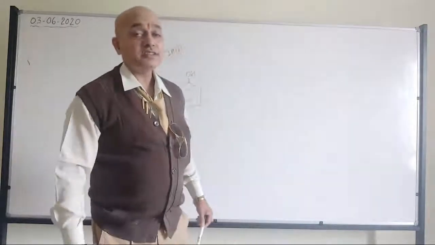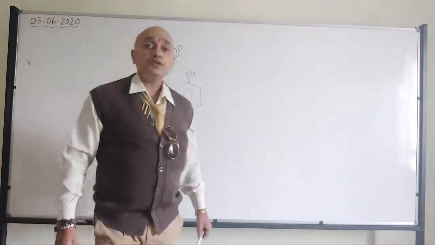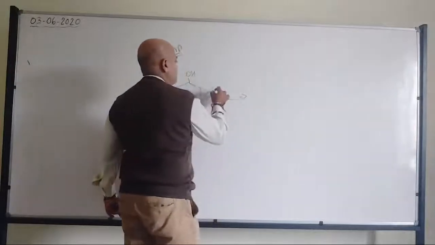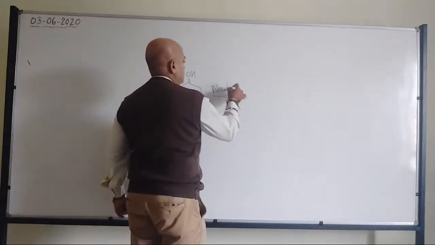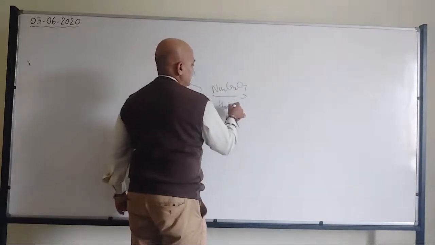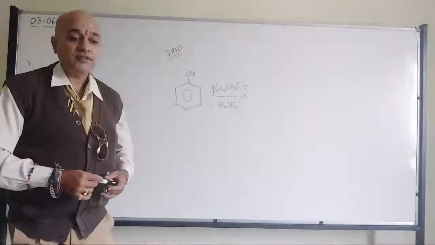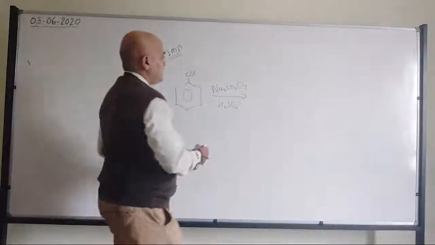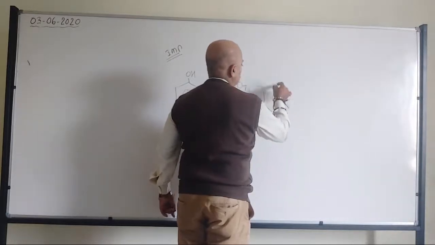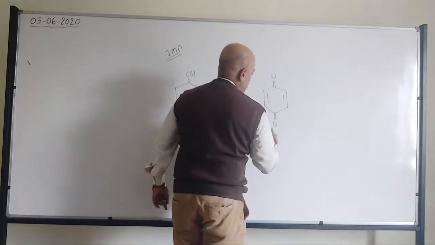Dichromate ion is nothing but Cr2O7 2-. That is a strong oxidizing agent, also acidified in the presence of sulfuric acid. Now there will be formation of an oxidized product, that is benzoquinone.